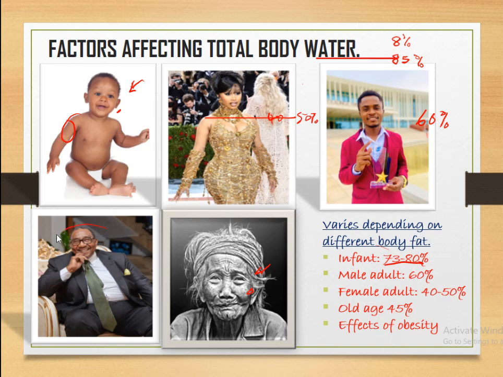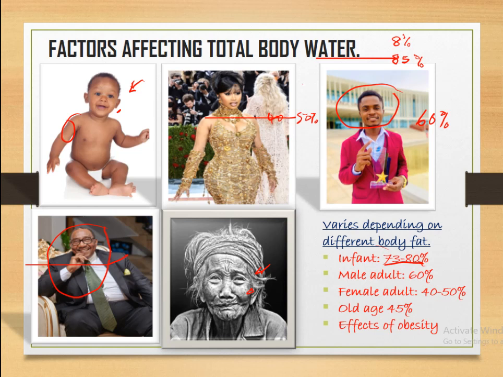Now, let's say I pick this big man here and I also pick myself. I have a lot more total body water as compared to the big man here. Why? Because of the fats. The difference in fats, the difference in lipids, the difference in adipose tissue. Fats can also be said to be adipose tissues, and fats can also be said to be lipids.